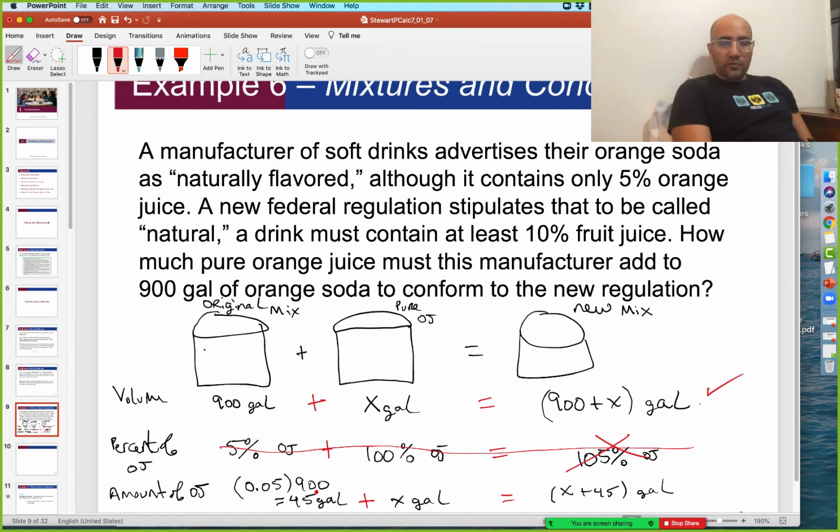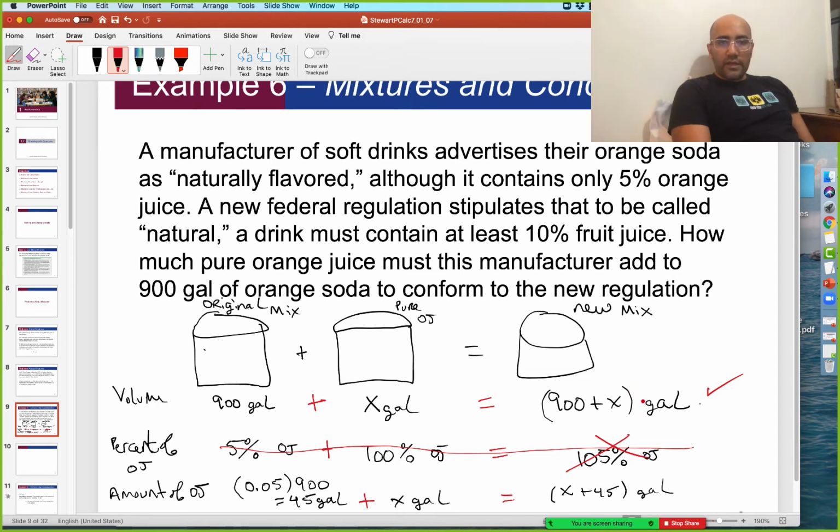And this one should also be true, that 45 gallons of pure orange juice that comes from there, plus X gallons from here should be equal to X plus 45, and then over here, this should be equal to the new percentage of orange juice that is in this mixture.